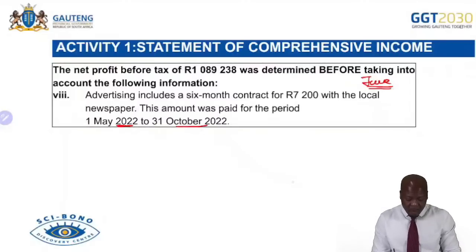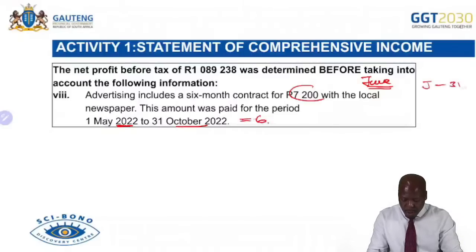And how much have we paid? We have paid 7,200. If you count from May to October, how many months do you see there? This is 6 months. Now, how many months are falling beyond the financial period? So we're counting from July to 31 October. How many months are those?